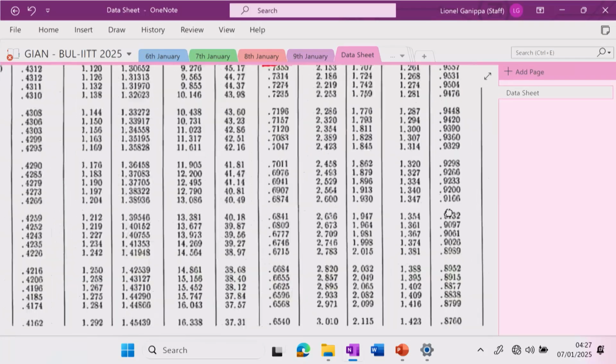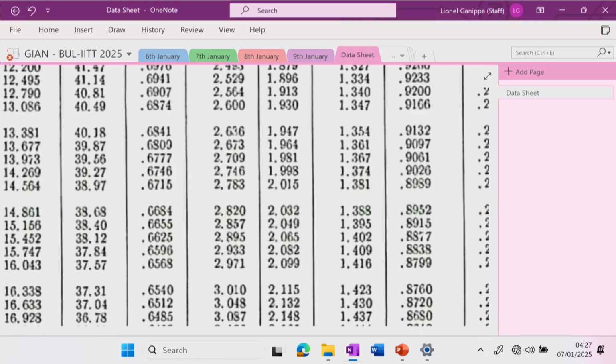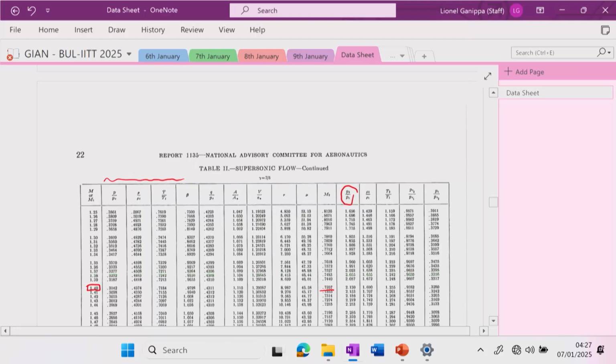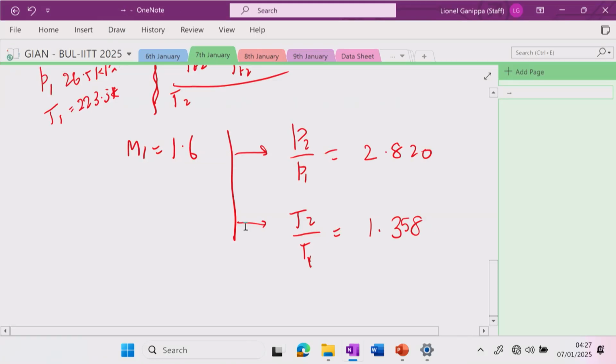I think it is 1.388. So you have to look at the number before and after. So this is the one. Okay. And then you can find the value PT2 by PT1.